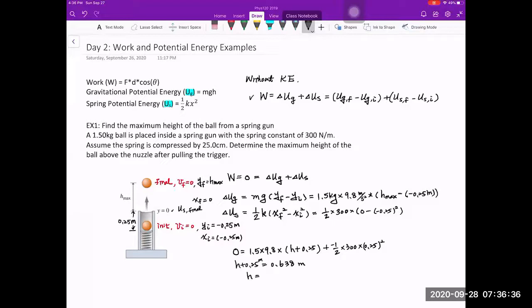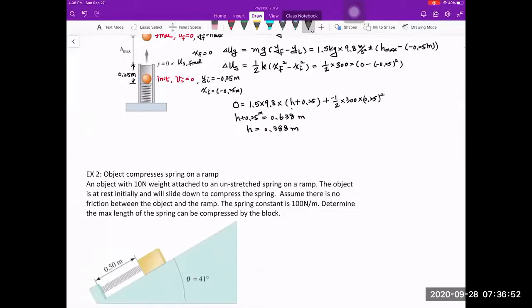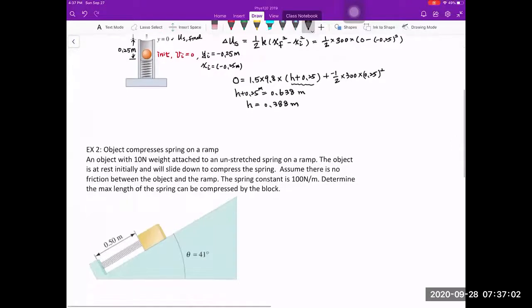Therefore, the h is equal to 0.388 meter. And that's the answer for this question. Okay, just be careful with this part here. People probably will write it wrong as h minus, which should be h plus, or somebody will forget about this 0.25, then you will be wrong.